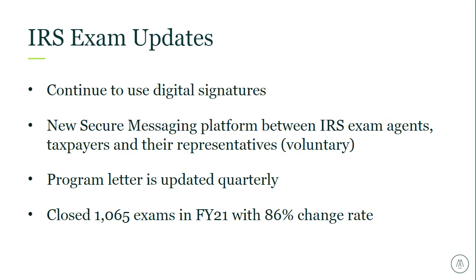The program letter is really just an area of focus, what the IRS is focusing on for this go around, and what are some common issues that they're seeing and areas that they're looking at when it comes to IRS exams.